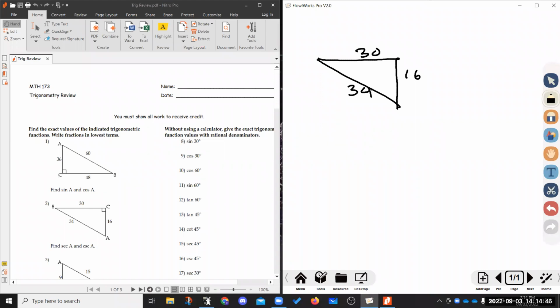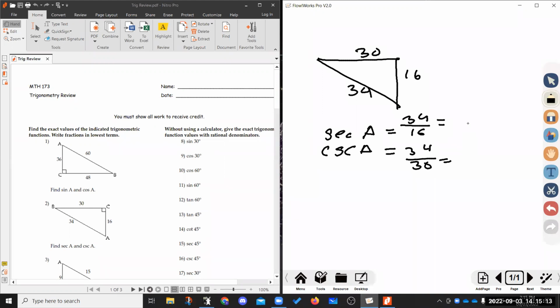Now we want to find secant of angle A and cosecant of angle A. Secant of angle A is going to be the hypotenuse divided by the adjacent side. Angle A is in the lower right-hand corner, so the adjacent side is going to be 16. This is going to be 34 over 16, and cosecant is 34 over the opposite side of 30.